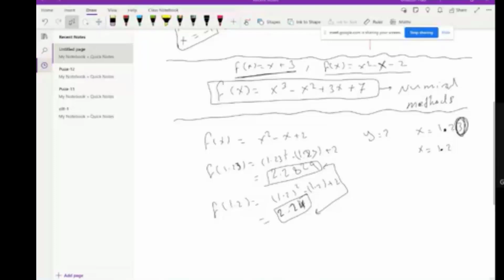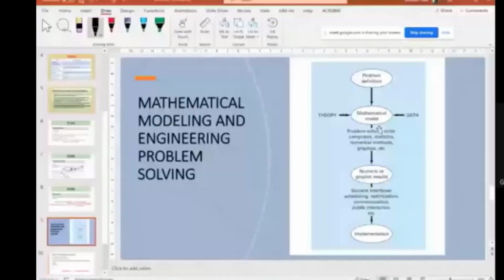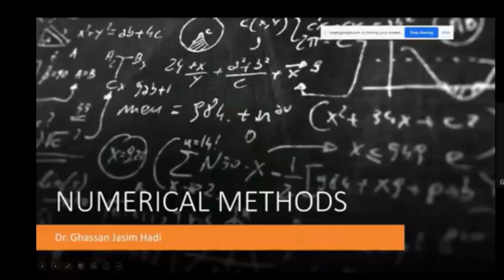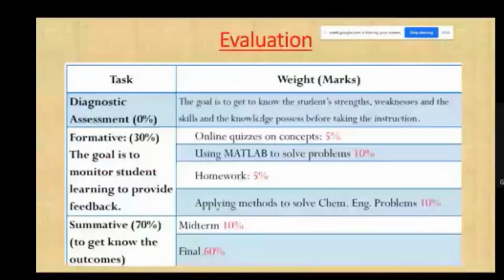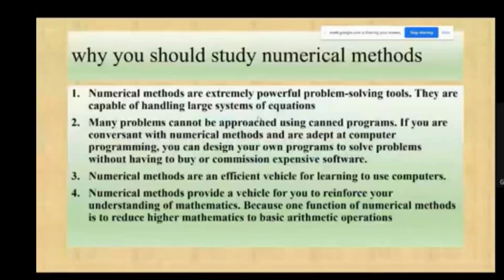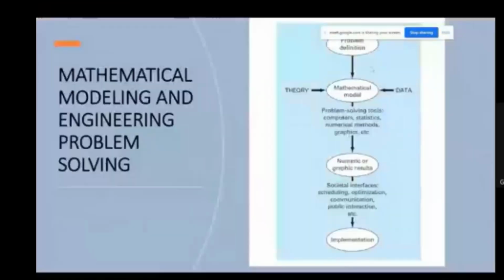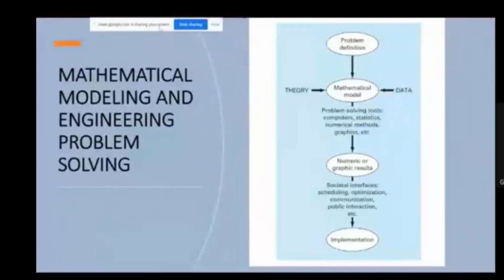That means I have to follow steps to solve the equation. First, I have to define my problem. I have to understand what the problem wants.